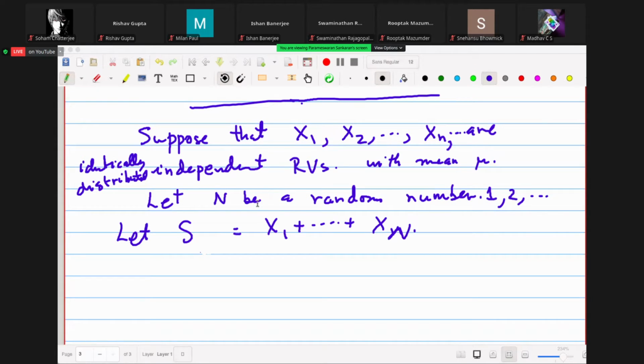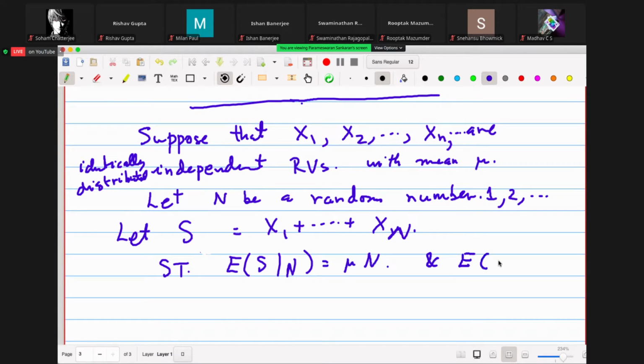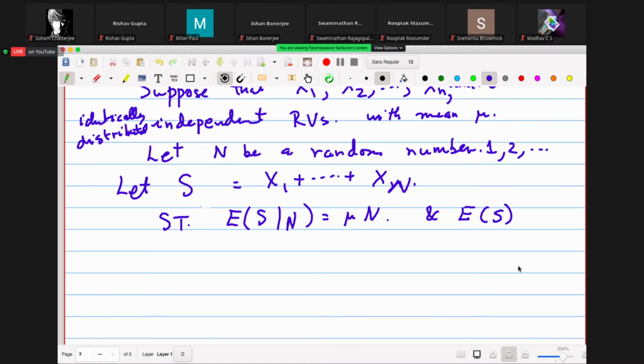Show that the expectation of S given N is equal to mu N, and compute the expectation of S. I think that's what is asked. So we can do this computation.